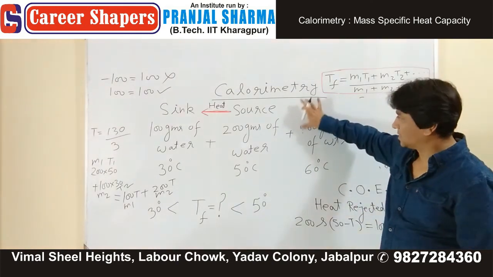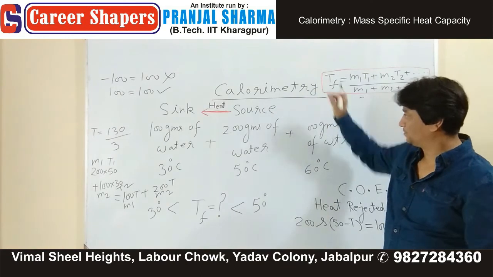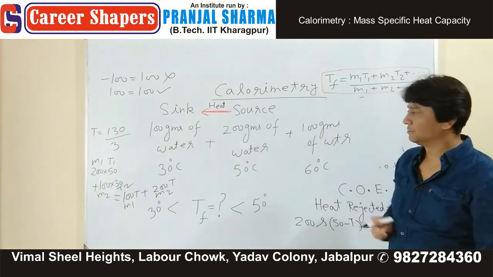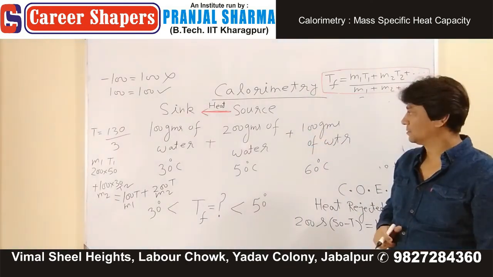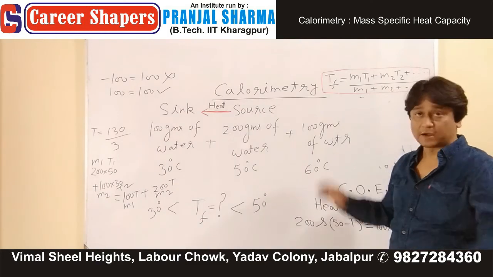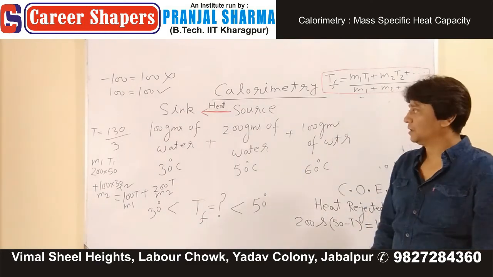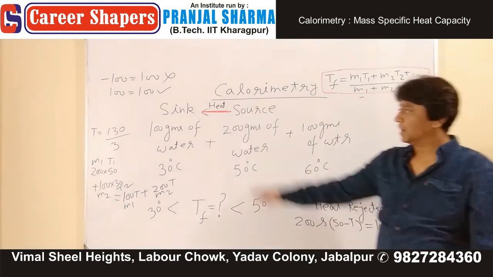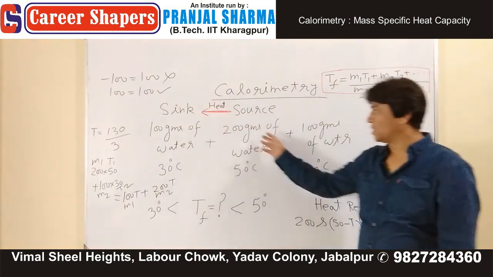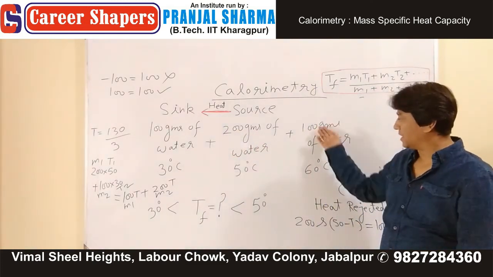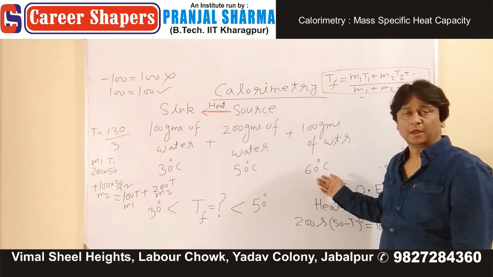Let's keep it 100. Look: 100 grams of water at 30, 200 grams of water at 50, and 100 grams of water at 60.